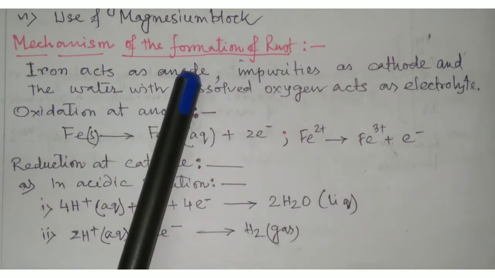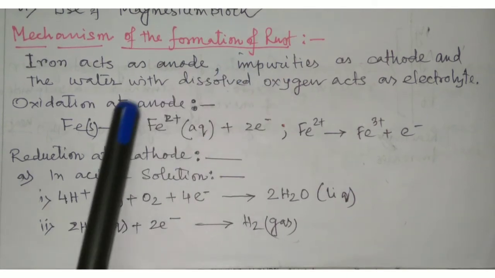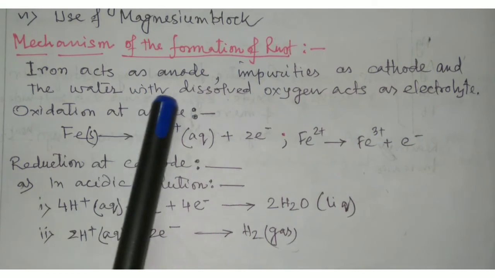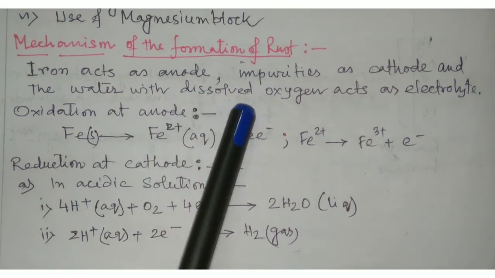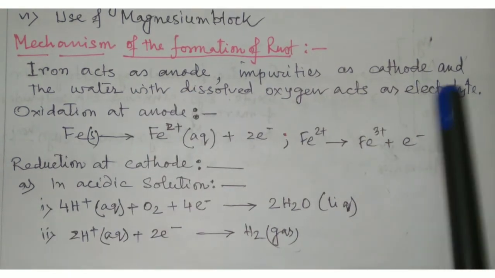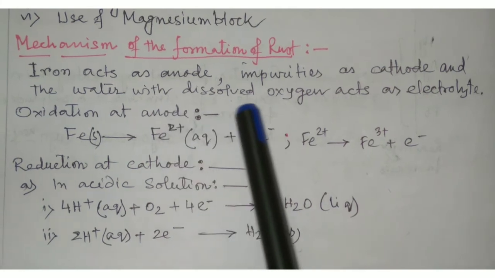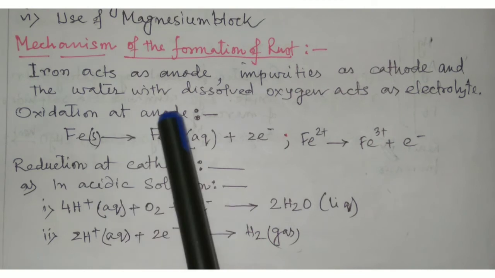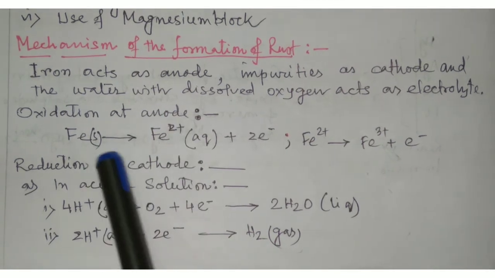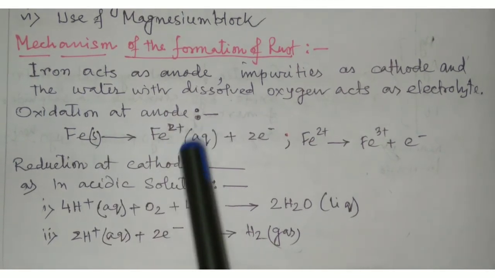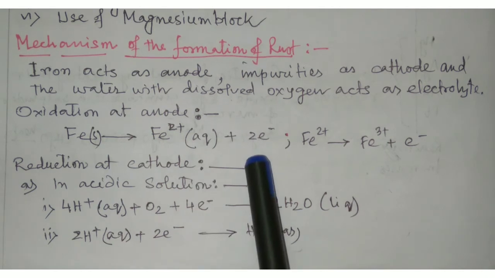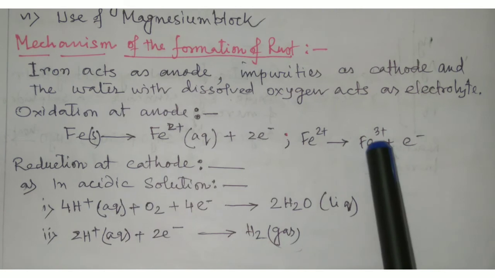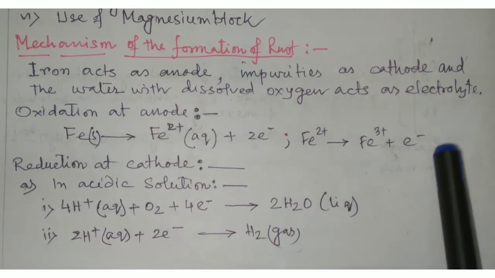Now the mechanism of formation of rust. First, iron acts as anode, impurities act as cathode, and the water with dissolved oxygen acts as electrolyte. The oxidation at anode is Fe(s) to Fe2+(aq) plus 2e-. Fe2+ becomes Fe3+ plus e-.